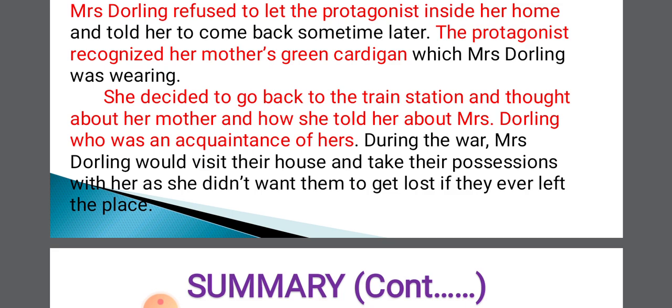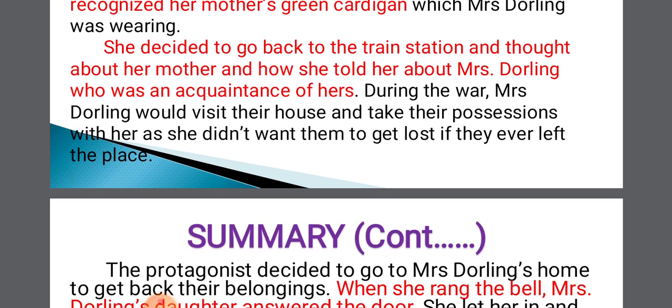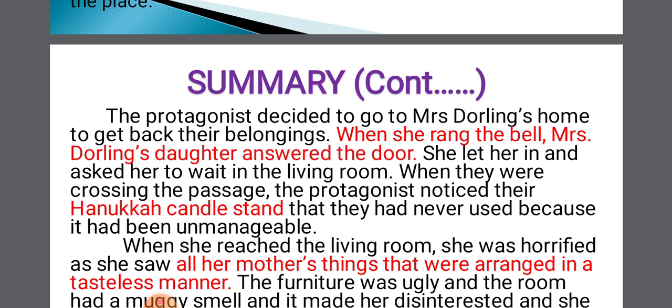Now, actually, Mrs. Darling, as I told you, under the pretext of being the old acquaintance, took advantage and told her that the things will be safe in her custody till they return back. But when the narrator reached over there, she behaved as if she couldn't recognize her.